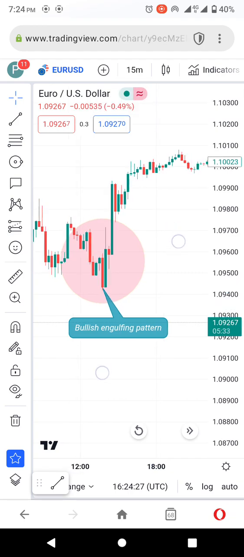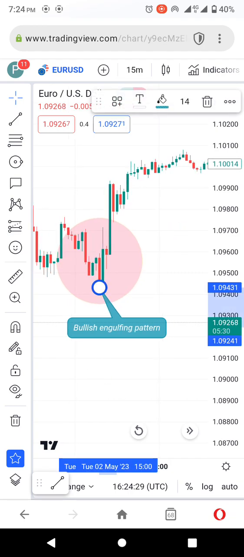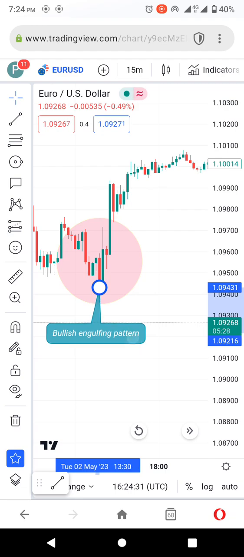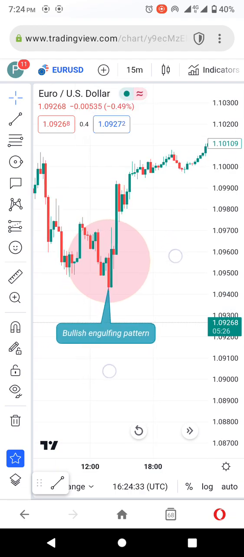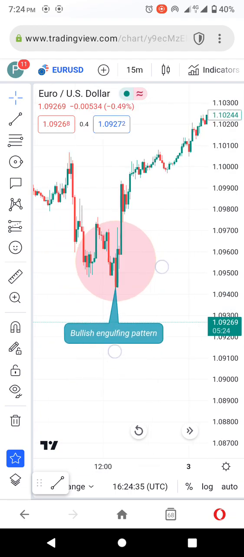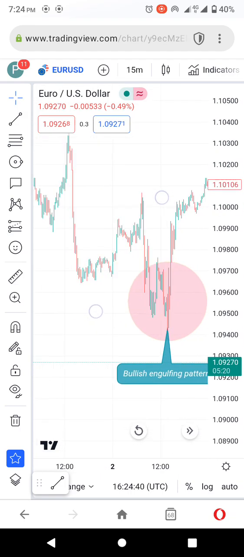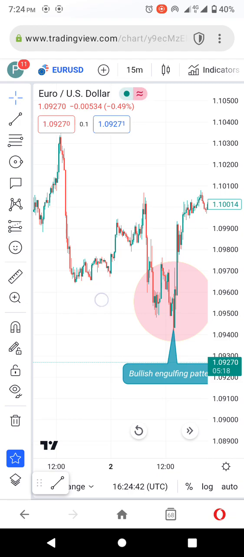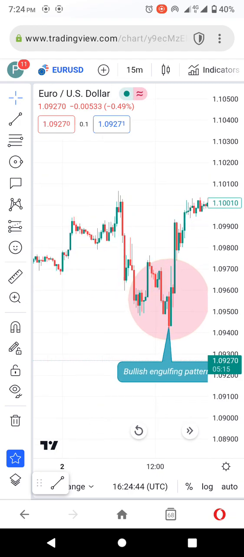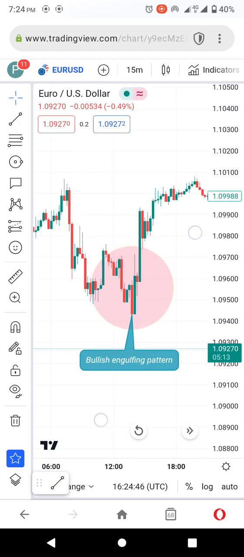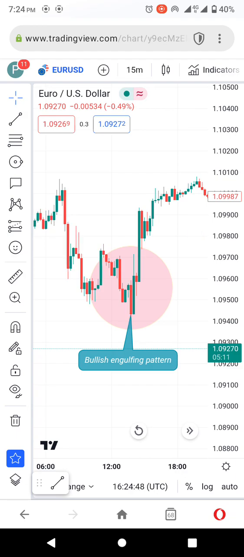Bulls are the buyers. So the bullish candlestick pattern always forms when the market is making a reversal. You can see that the market was selling very properly from this zone, but this candlestick formation led to the reversal of the market.